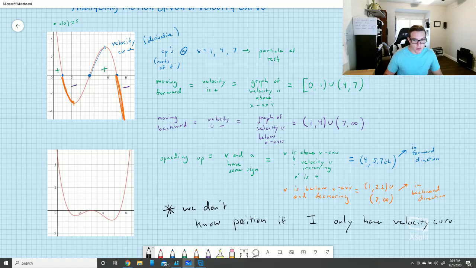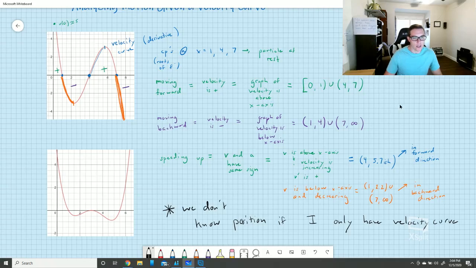So if I start you out with a velocity curve and I ask you where you are located, or total distance or displacement, we can't do it. We don't know yet. I'm telling you right now, a big theme of second semester, we are going to be able to answer that question. And I'm not going to give it away right now. So if you're starting to feel what's going to happen, I think I've talked to a couple of you about it, but think about how I can use a velocity curve to talk about total distance or displacement. There's a way to do it. It's the big theme of second semester. I'm not going to give it away.